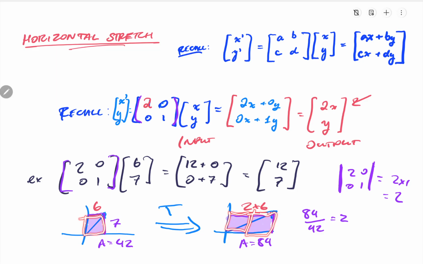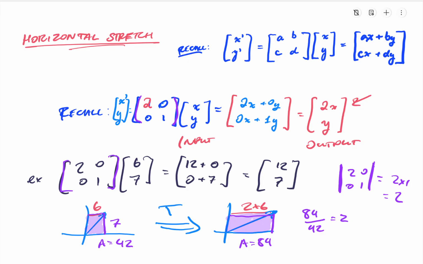So if I multiply this area by 2, I would get the area of the rectangle that was a result of the transformation. That wasn't the best way to put that, but hopefully we can see that as well.